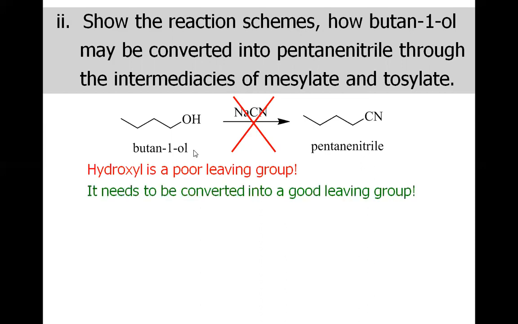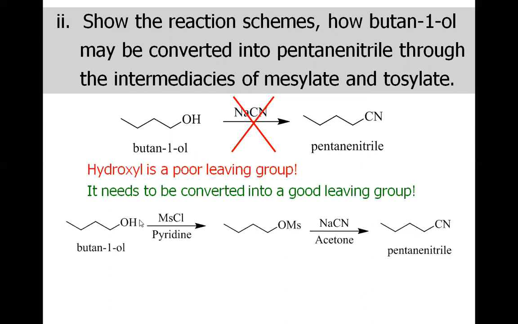So what to do? Definitely we need to convert this hydroxy into a good leaving group, and in doing so we have to mesylate this hydroxy group, as mentioned in the first part of the question, that mesylate and tosylate are good leaving groups used in alcohol chemistry. So the strategy to convert this alcohol to nitrile is to go through the intermediacy of mesylate.